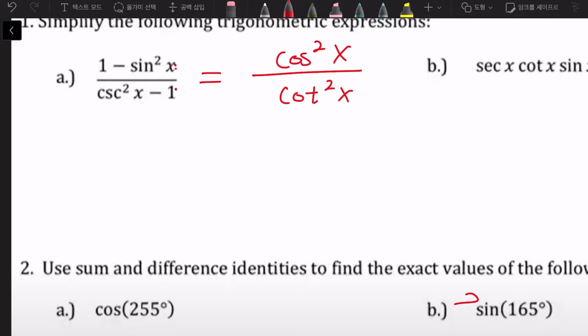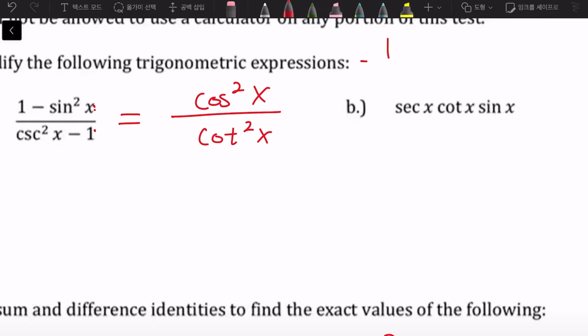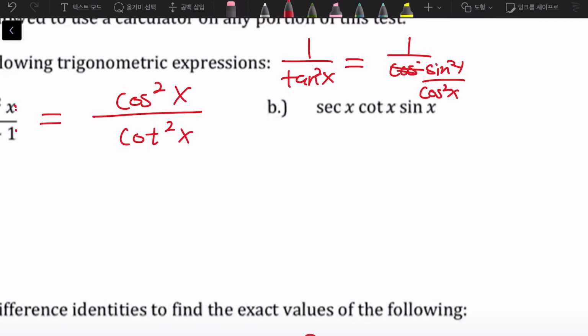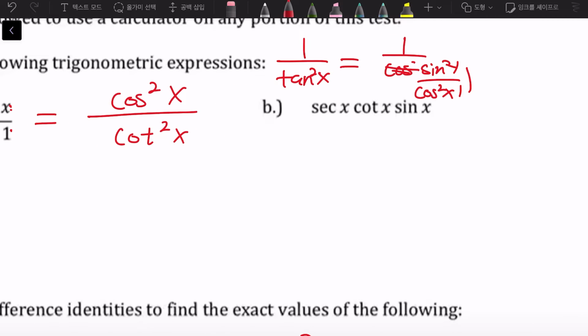And cot square x, you should know, is 1 over tangent square x, which you know is equal to 1 over sine square over cos square. But it's in the fraction, so we inverse the relationship. So it's equal to cos square over sine square.